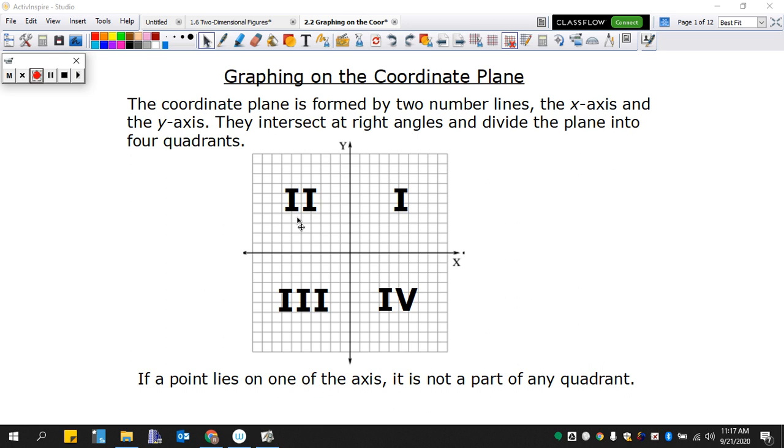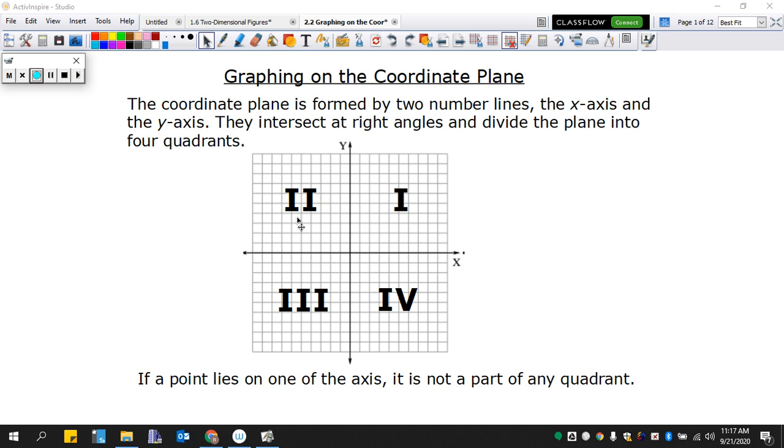We also learned that in order for them to be a solution to an equation, they have to be on the line that is graphed on a coordinate plane by that equation, which we'll learn how to do a little bit later in future lessons. So today we're going to learn about the coordinate plane, and we're going to learn how to graph the points on a coordinate plane.